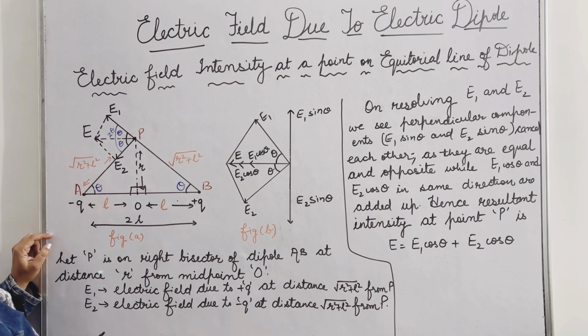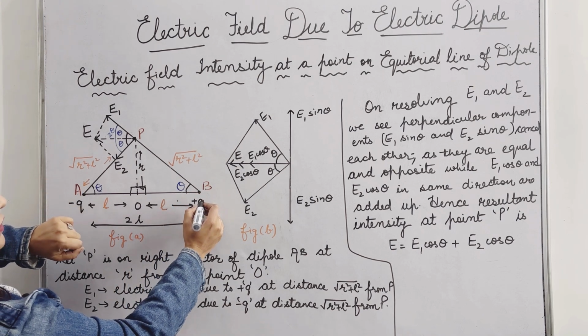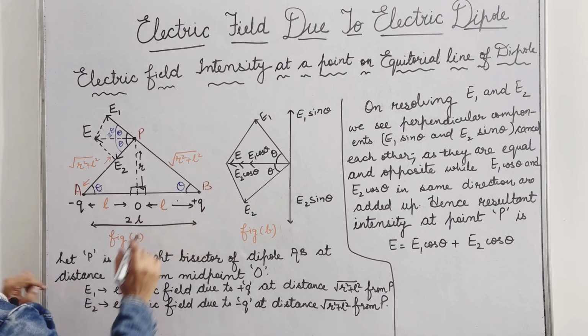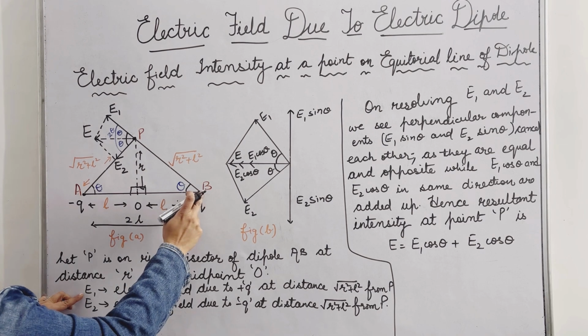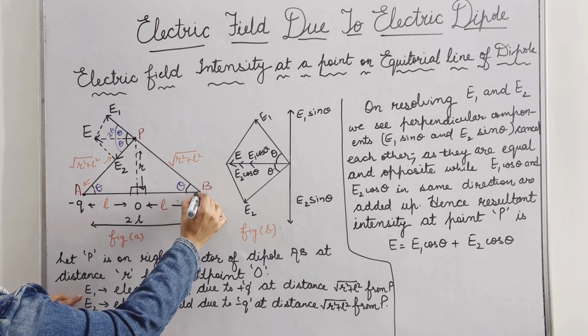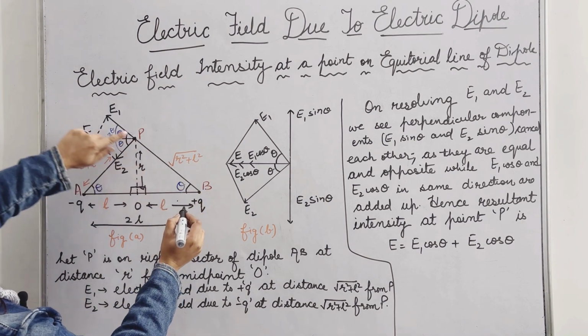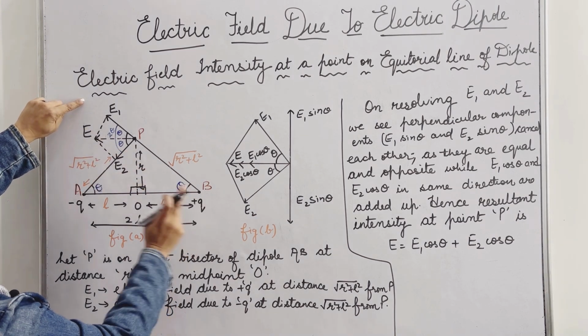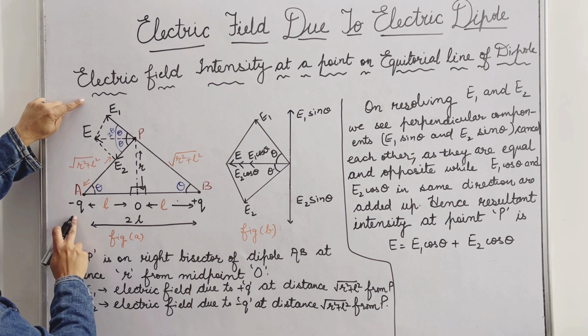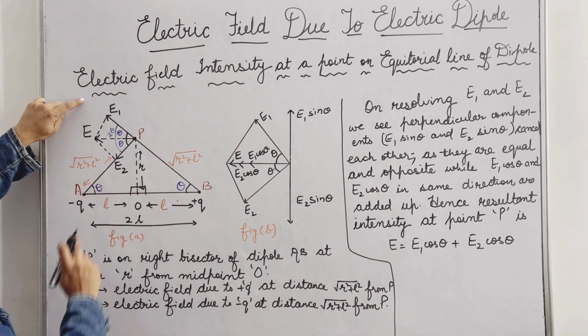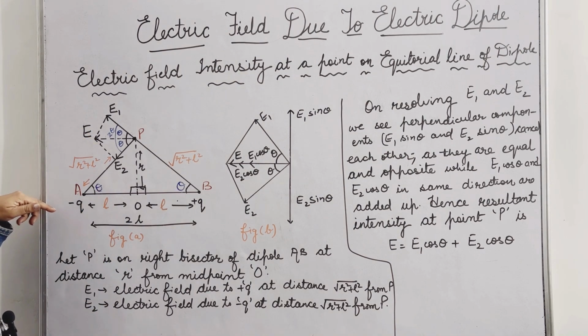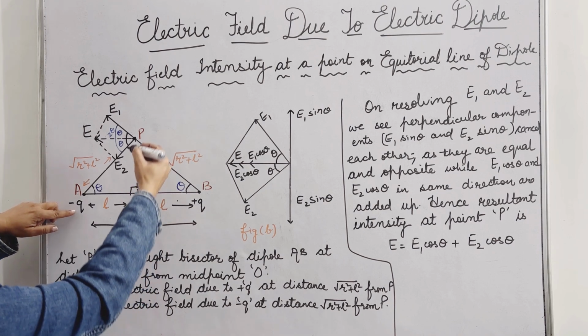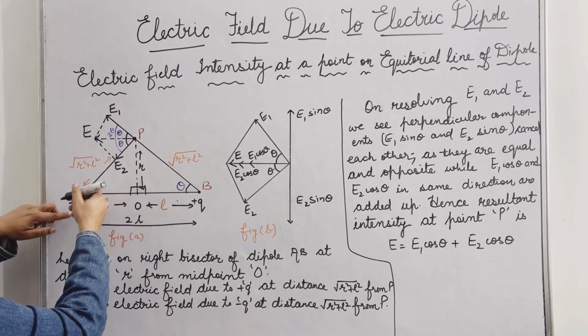Now, the electric field due to plus q charge is taken as E1, so the direction will be from B to P. The electric field due to minus q charge is E2. Because of the nature of this negative charge, the direction will be from P to A.